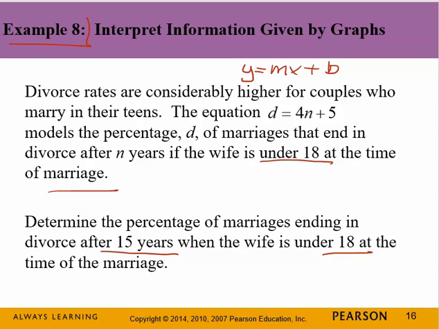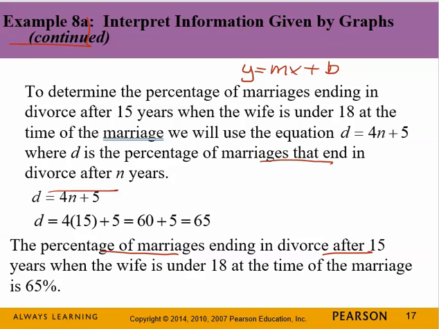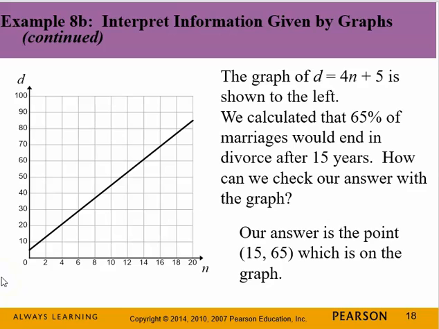But again, moving on, we look at our next slide here. And if we put 15 where n is the number of years, we got 60 plus 5 is 65. So about 65% of marriages, again, this is just a statistic, and then going to the last slide, they want you to see if in fact this verifies what we've just said.